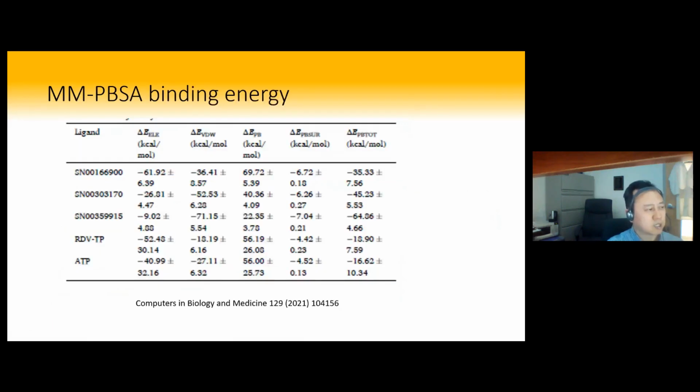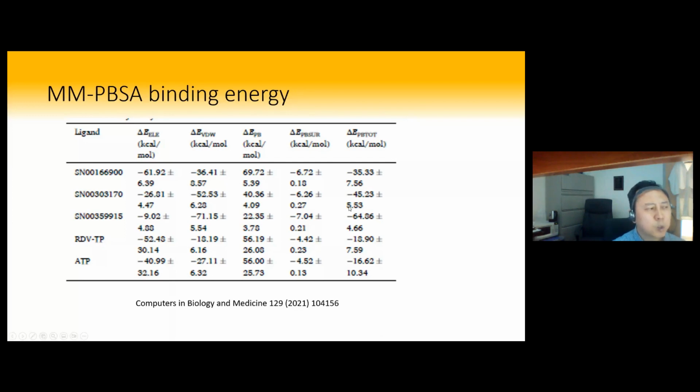And then we also did the so-called MM-PBSA to calculate the binding energy, which is important in determining the binding affinity. And actually we showed that it can do a better job than the existing ATP or RTP nucleotides. So they look kind of promising.